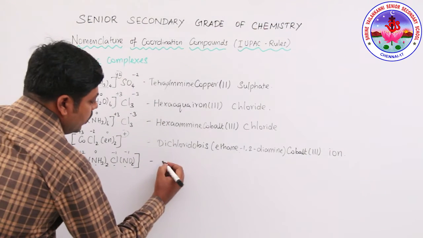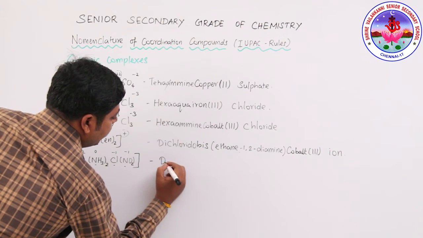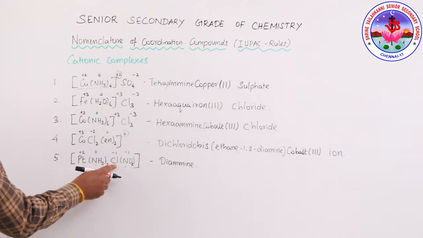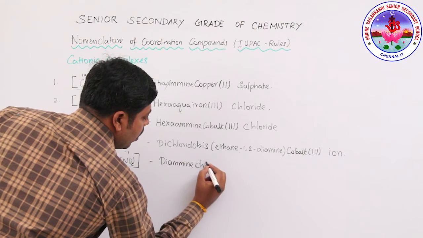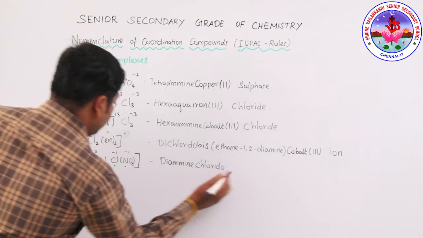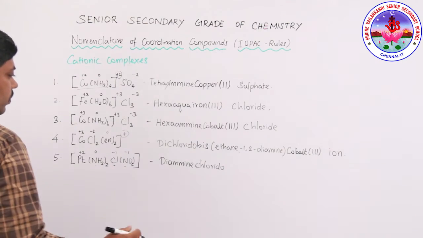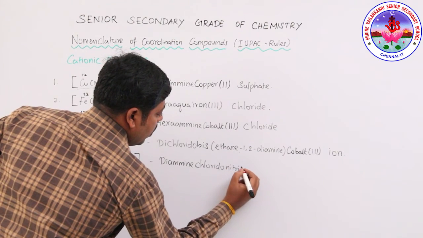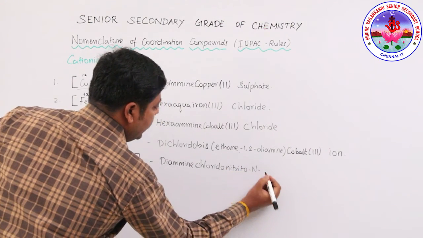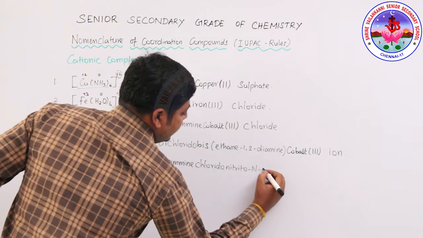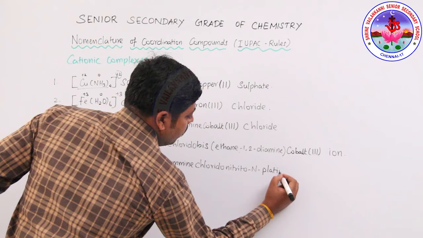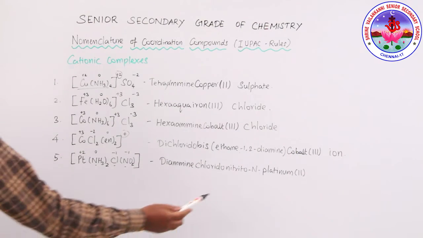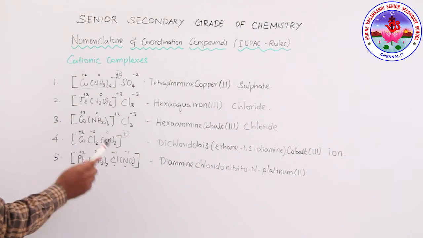How many ammines are present? 2 ammonia, so diammine, chlorido, then nitrito-N, platinum 2. Why am I using N? Because this is the nitrogen coordination.